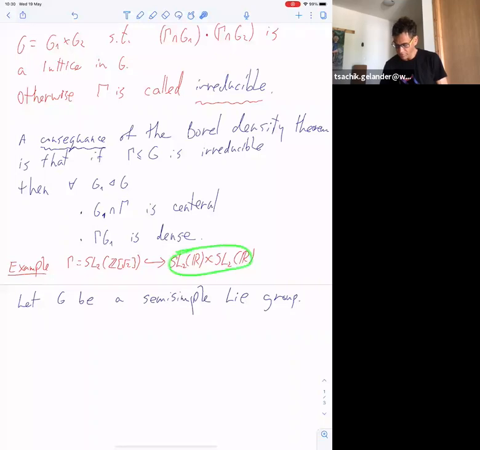Then the image is discrete and of cofinite volume and not co-compact, so it's a lattice in the product. And then it's easy to see that the intersection with each factor is trivial and the projection to each factor is dense. So that's how you should think of an irreducible lattice.